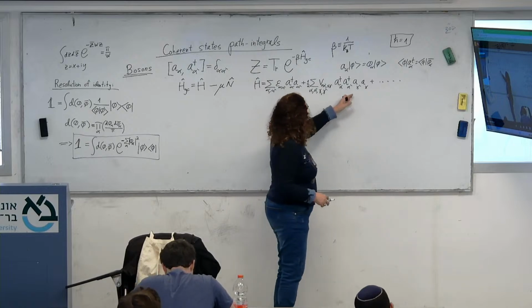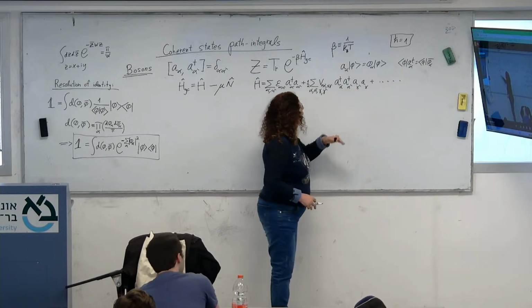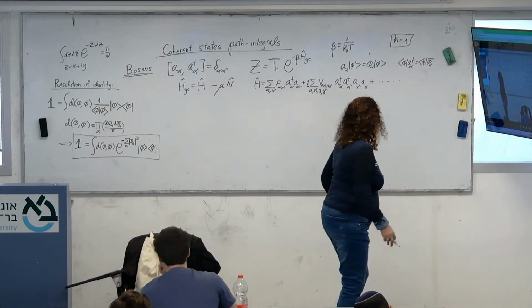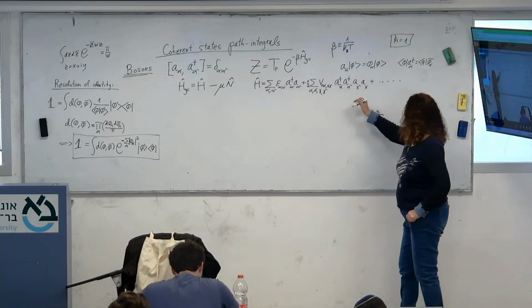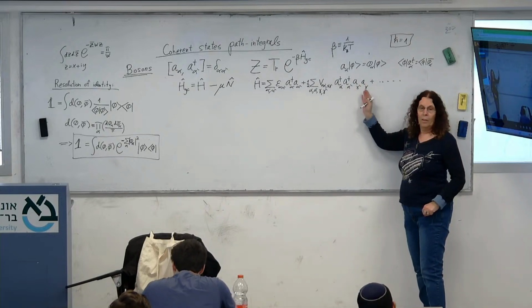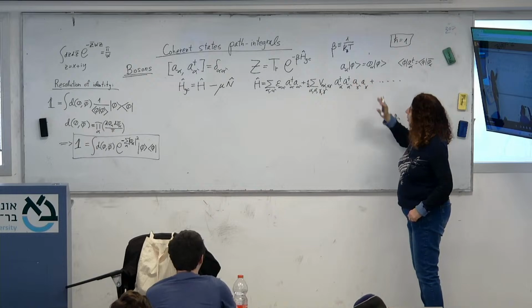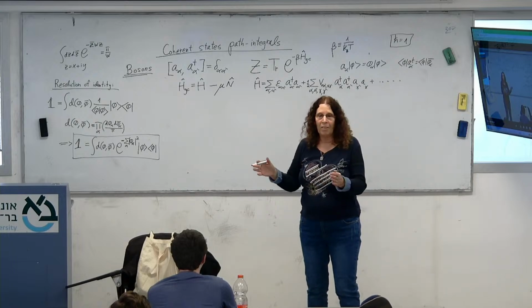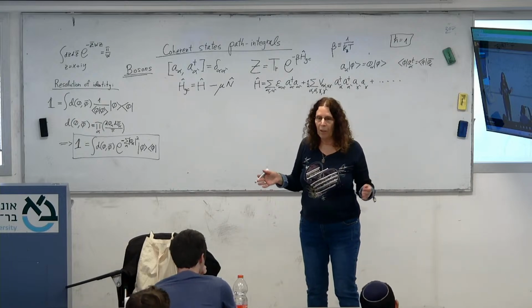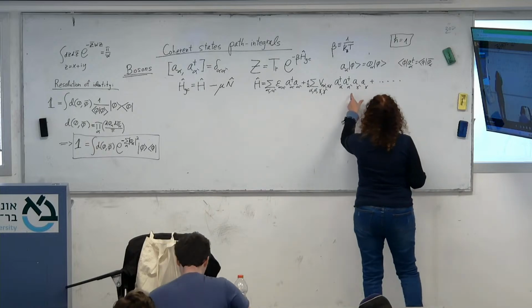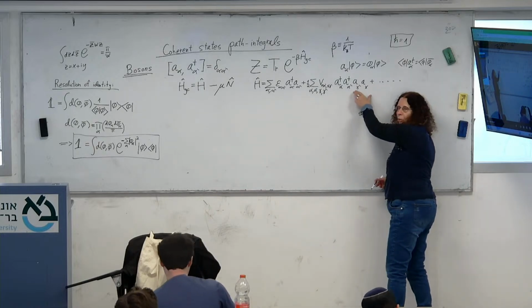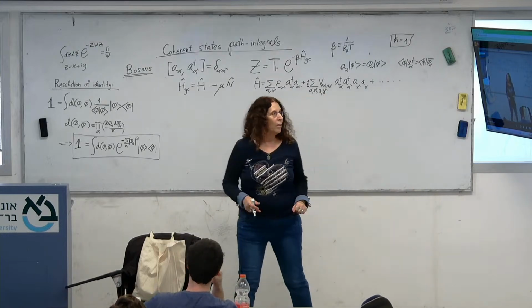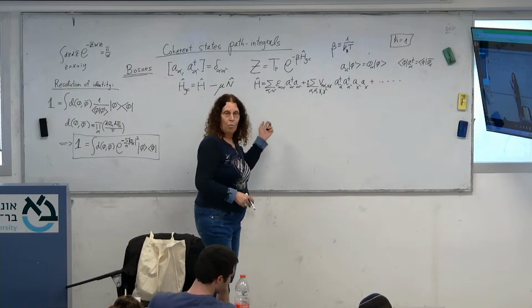You're going to see that it's actually very useful for our purposes, because when you write an operator in its normal order, and normal order simply means that you are subtracting its vacuum expectation value if it has one, and then all the annihilation operators are on the right and the creation operators on the left, that will turn out very useful for our purposes.